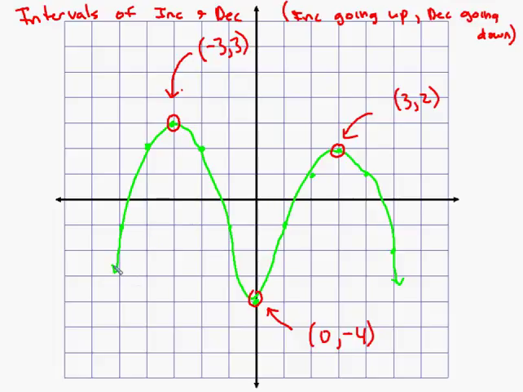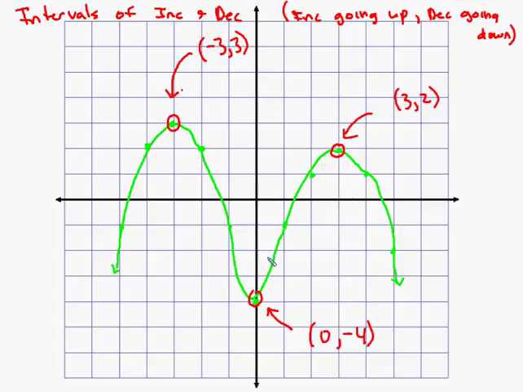So what I'd encourage you to do is when you are asked to find the intervals of increasing or decreasing, graph it on your calculator, get it so you can see everything. Then do a rough sketch. You don't have to graph it perfect on your paper, but do a rough sketch of what it looks like on your paper. Then go back and on your calculator, find all these points. Okay? And I'm going to show you how to do that in a moment.